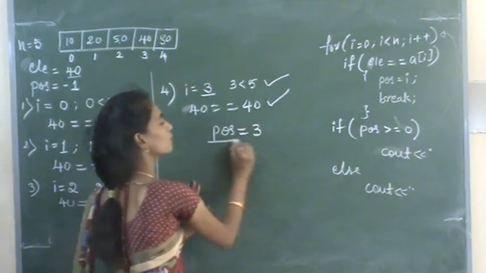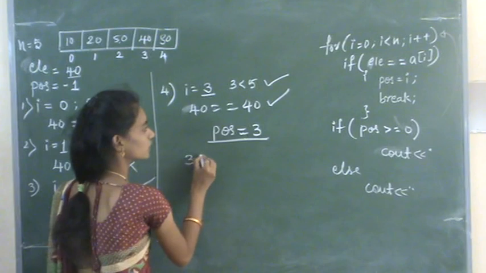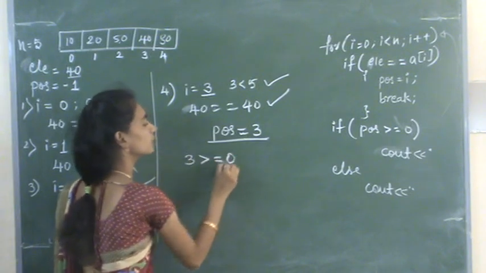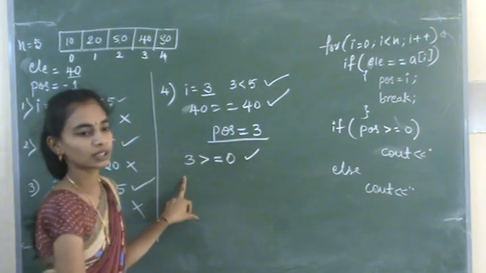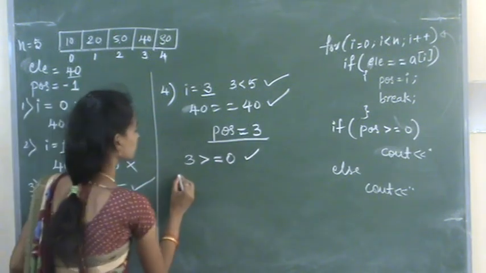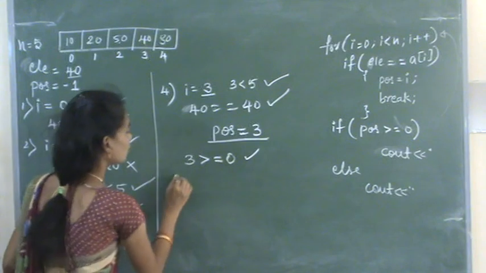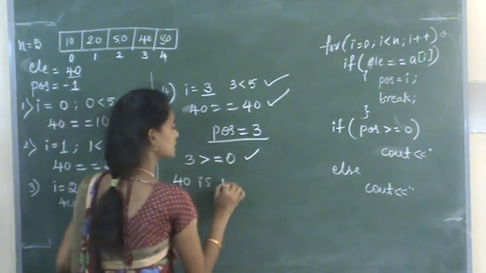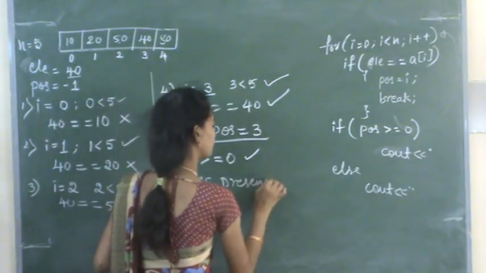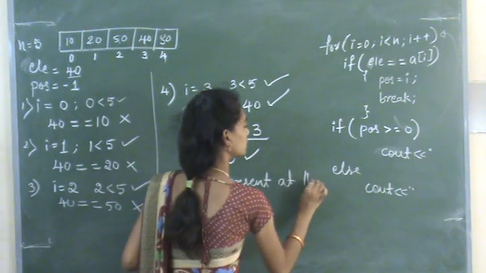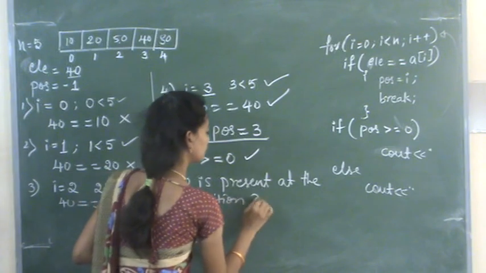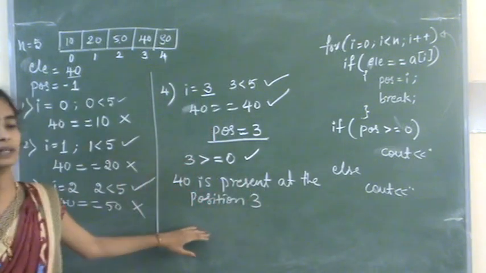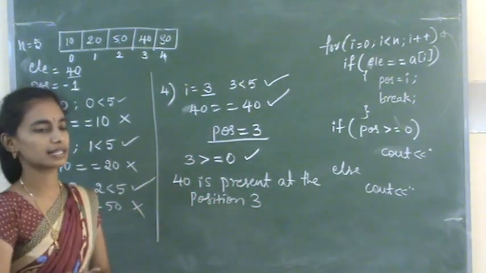What is the value of position now? 3. So 3 is greater than or equal to 0. It is true. So it will display the statement: element 40 is present at the position 3. So this will be displayed as an output.